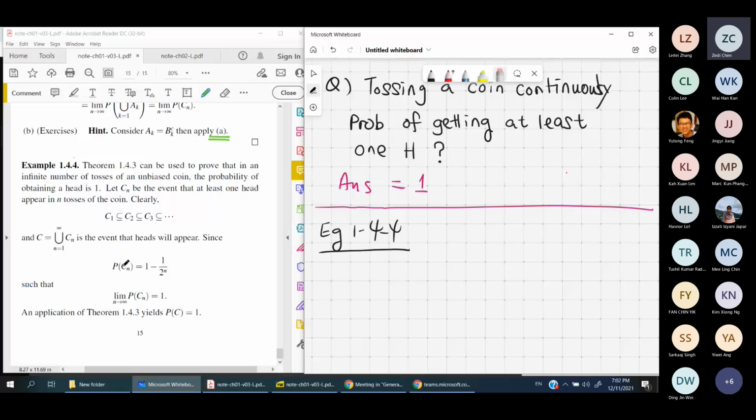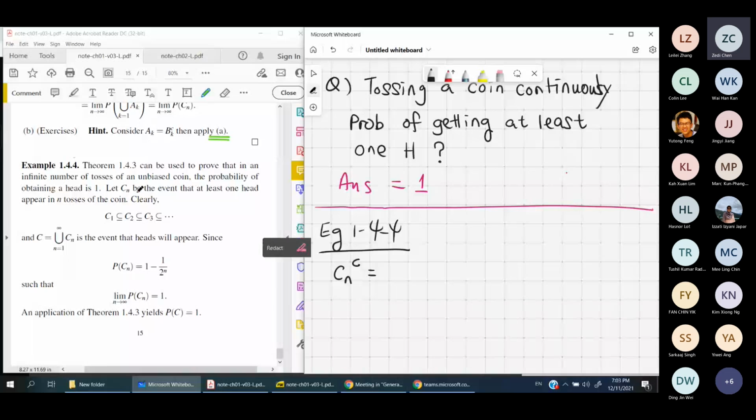Now we can see P of Cn is 1 minus 1 over 2 to the power of n. You may see it this way. If you get at least one hit, then the complement of Cn is actually the event of all tails.